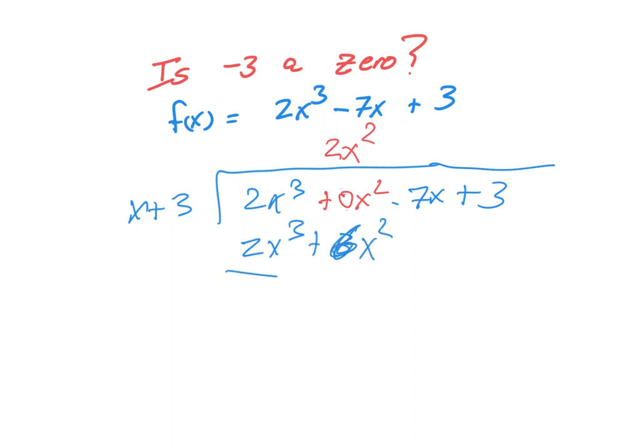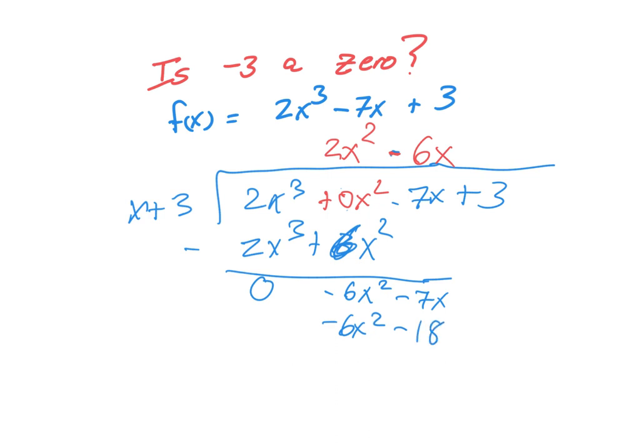Like we do in division, we subtract. This is 0. This is -6x squared. We bring down the next term, which is -7x. And we look again and say how many x's go into -6x squared, and the answer is -6x. When I multiply that, I get -6x squared and -18x.